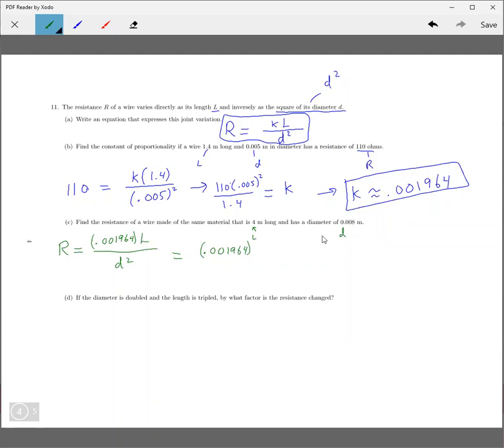L is 4, so there's a 4 right there. The diameter is 0.008, so 0.008 goes down here, but it's squared because it's squared in the formula.